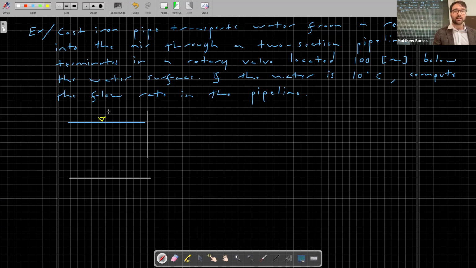And it discharges into a 2-section pipeline. So this is going to be a pipeline with 2 different diameters. So the first section will have a larger diameter that transitions into a second section with a smaller diameter.